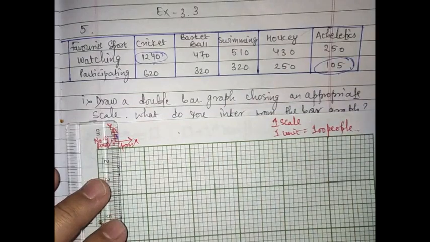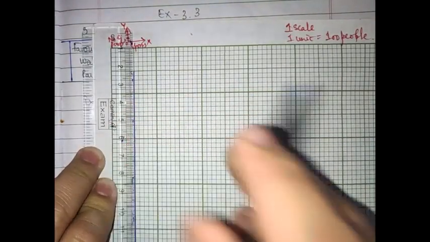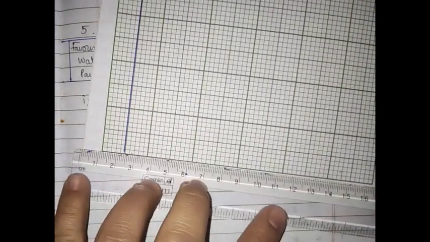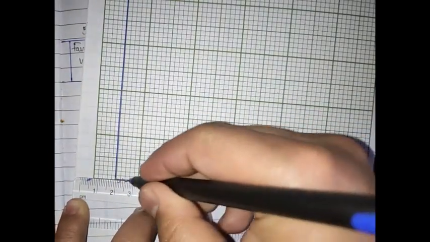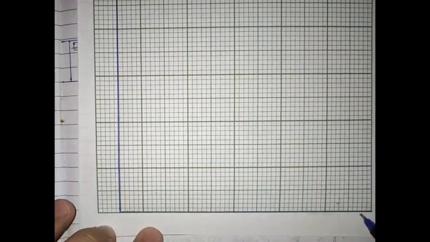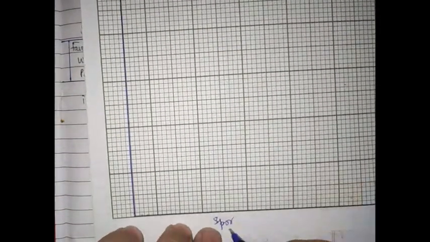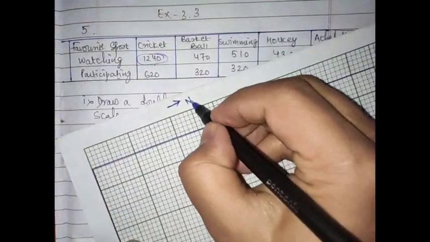First let's make the y-axis like this till the end. Over here it will be the y-axis. As I have mentioned, in the x-axis you will represent the sports, and in the y-axis the number of people.